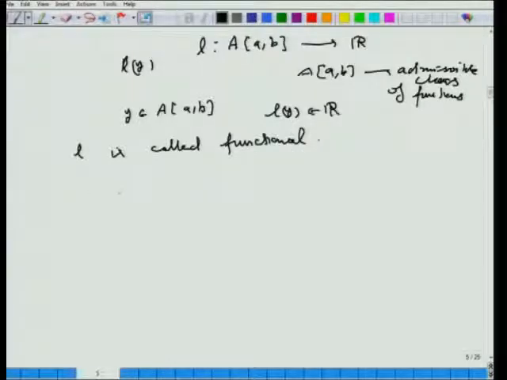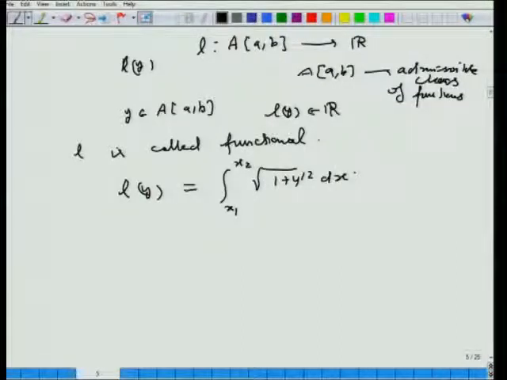For example, this length of y is given by the integral from x1 to x2 of square root of 1 plus y prime squared dx. This gives you the length of y.